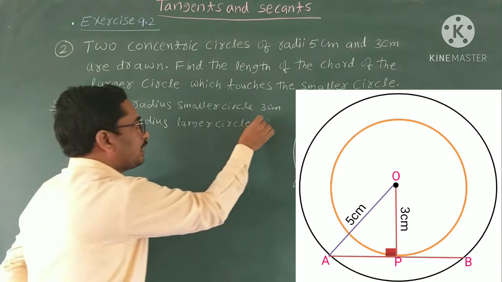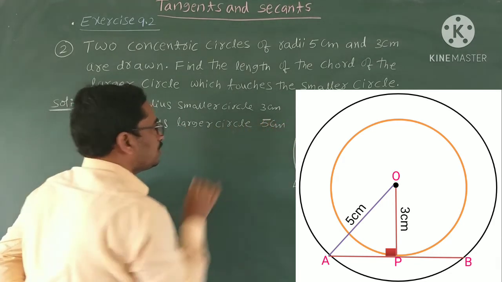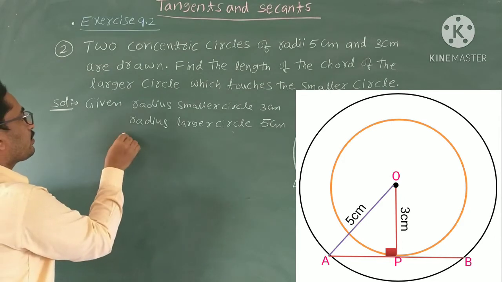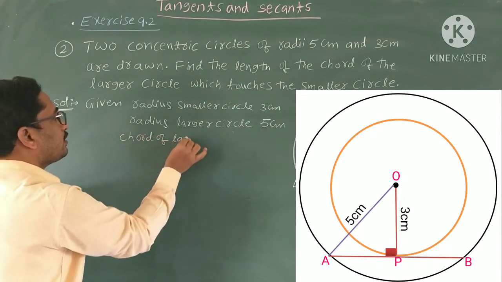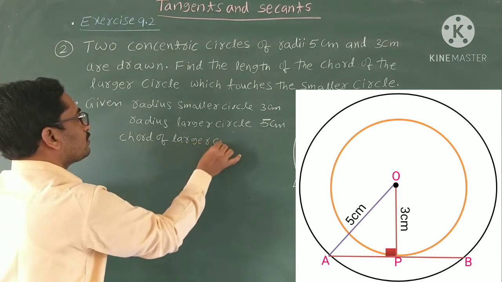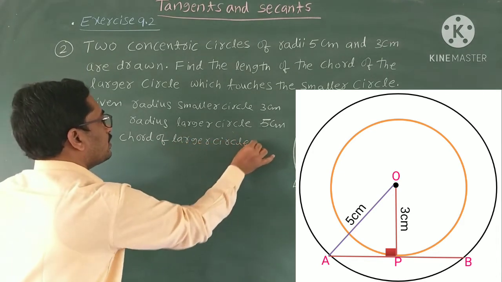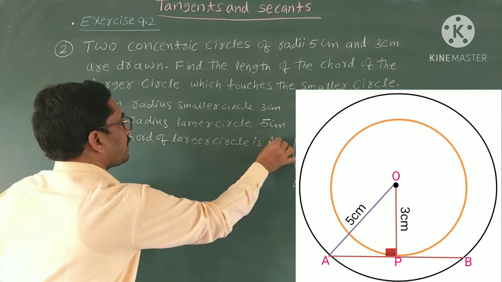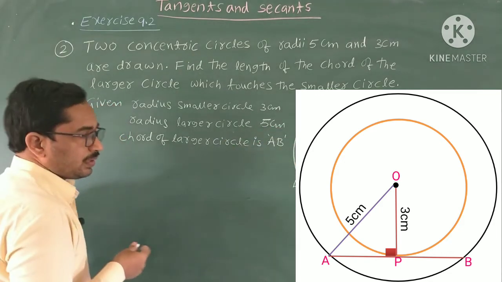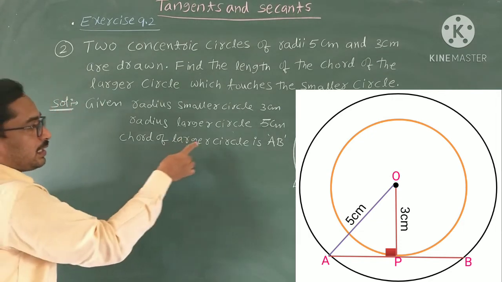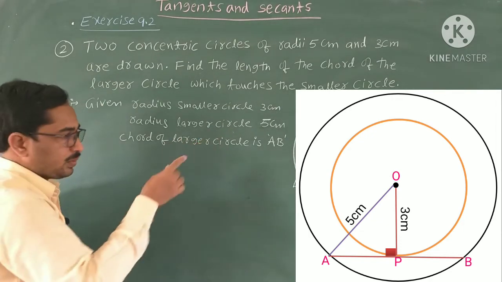Radius of the larger circle is 5 centimeters. Chord of the larger circle is AB. This chord becomes a tangent of the smaller circle.